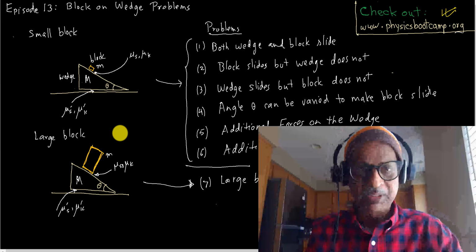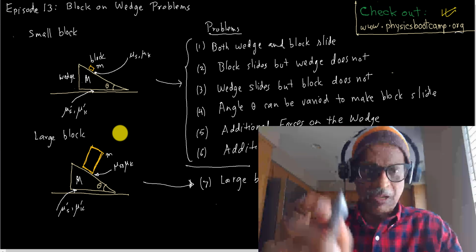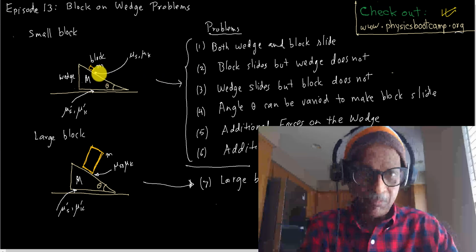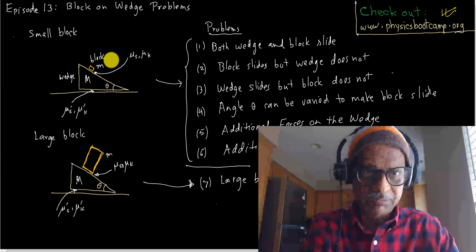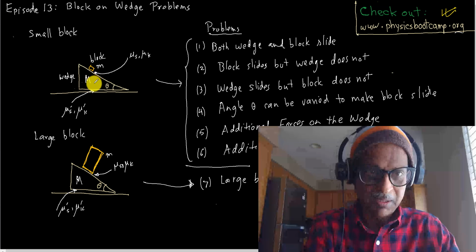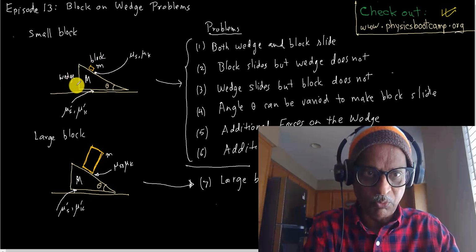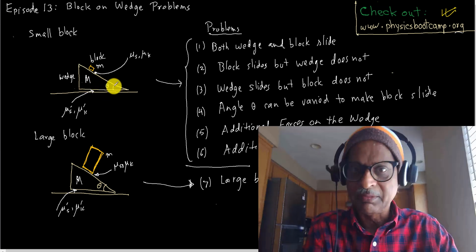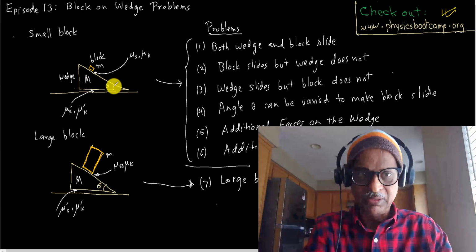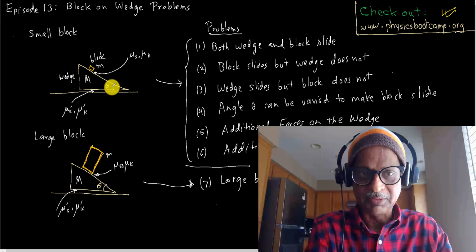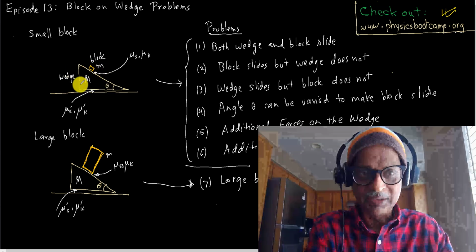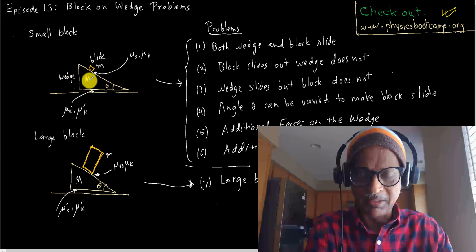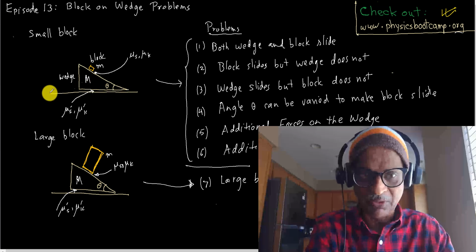All right, so let's look at problems that you might encounter. Both the block and the wedge can slide. The block slides on this wedge, and this wedge itself can slide on a table.